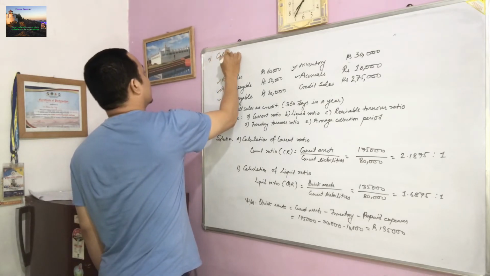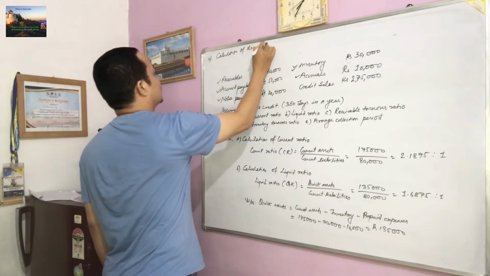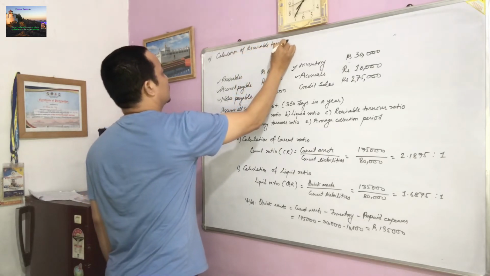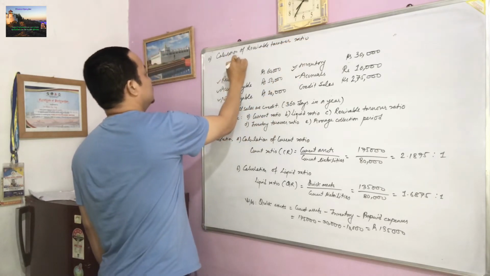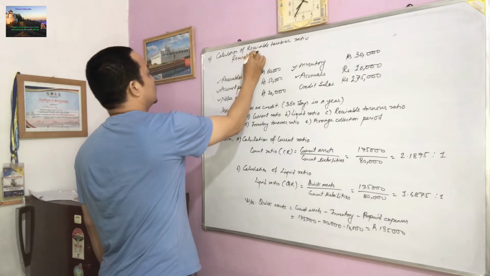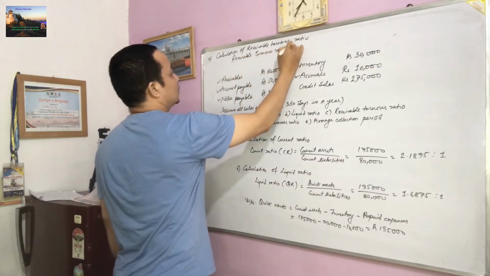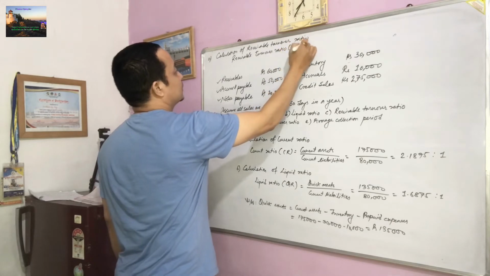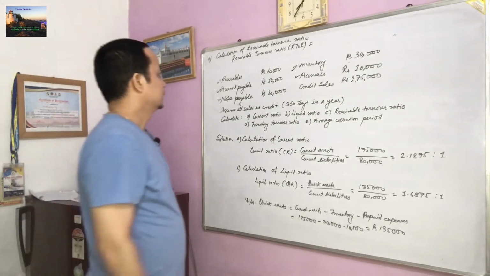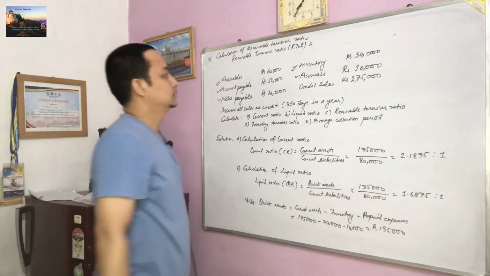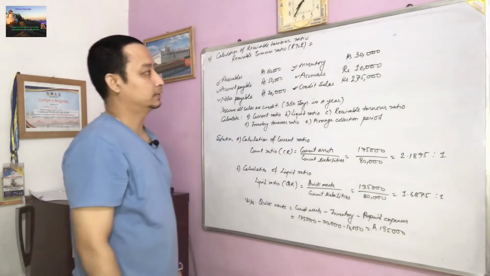Calculation of receivable turnover ratio. So receivable turnover ratio, shortly you can write RTOR, equal to, here receivable is 60,000 and credit sales is 2,75,000.